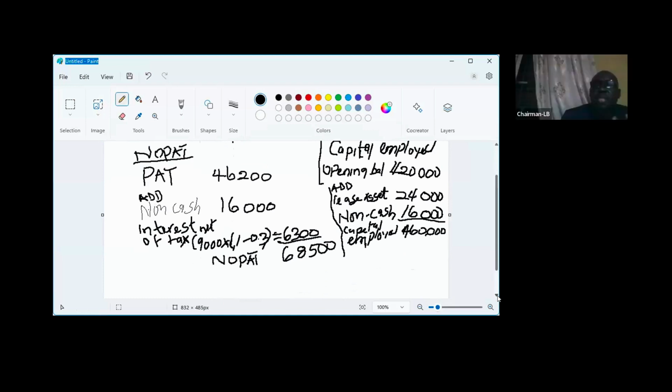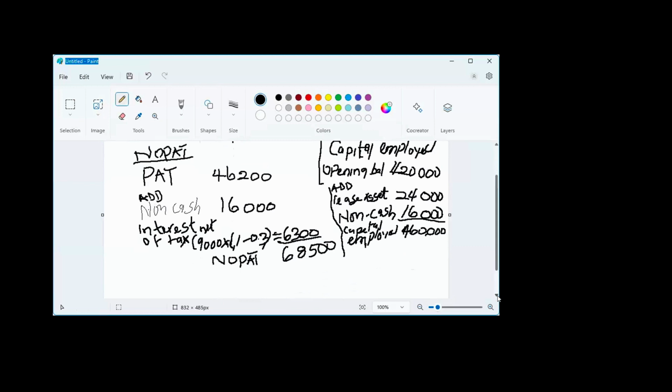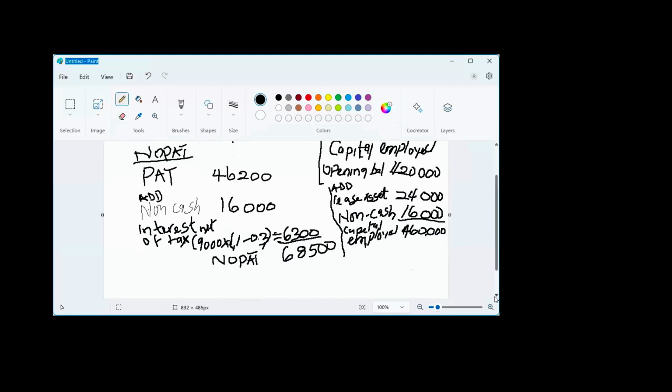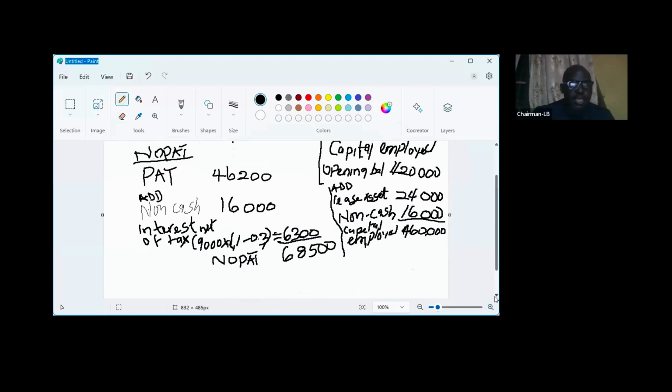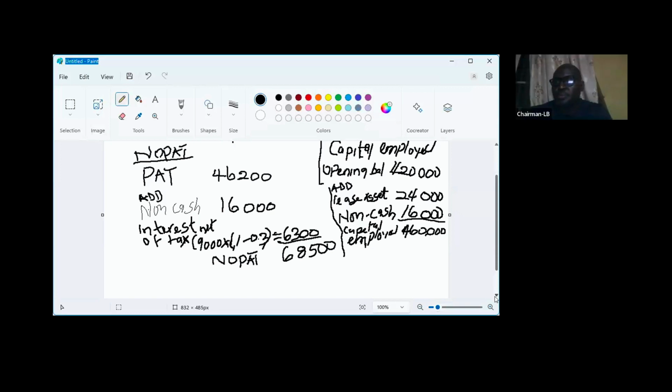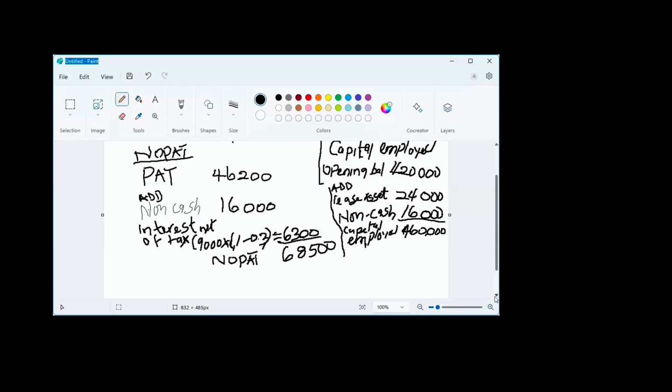For capital employed, we did opening balance, leased assets, and non-cash expenses. Okay, let me ask a simple question. Is your cash part of your asset or not? It's part of the asset.